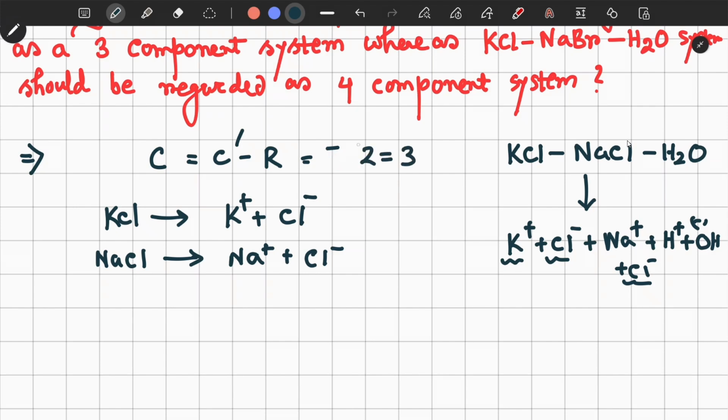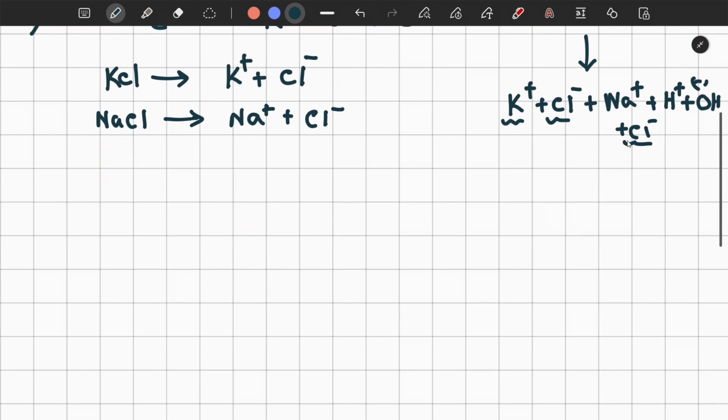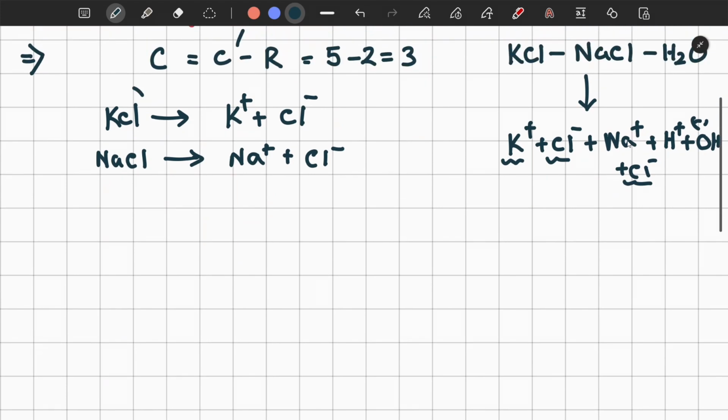Or you can just explain like this: KCl, NaCl, and H2O, there are three components. If you remember, we can consider both sides, either this side or this side. The answer will be the same, the components will be the same.